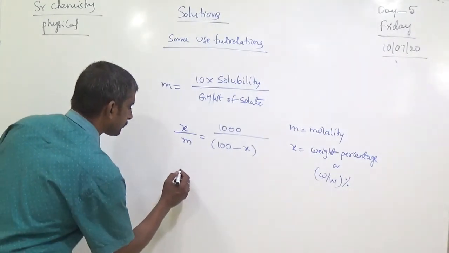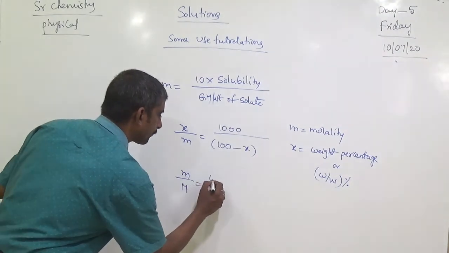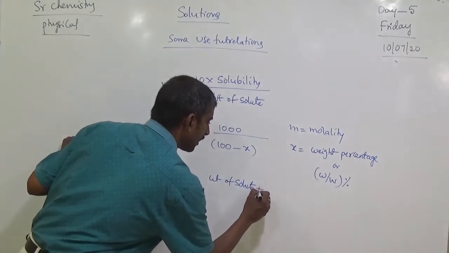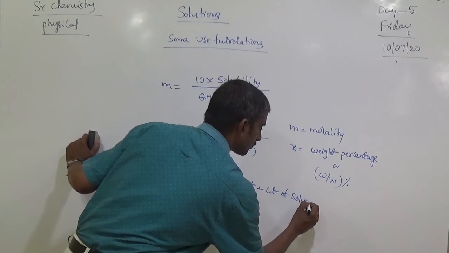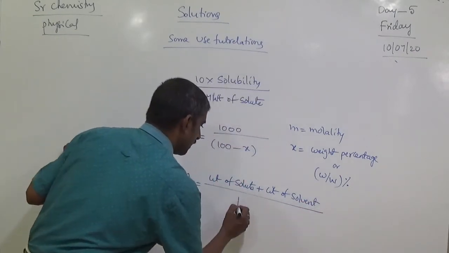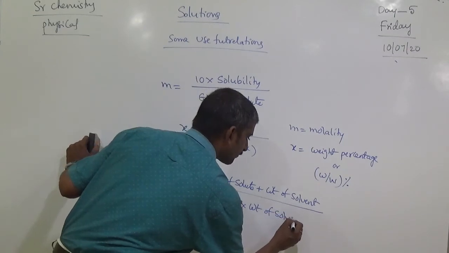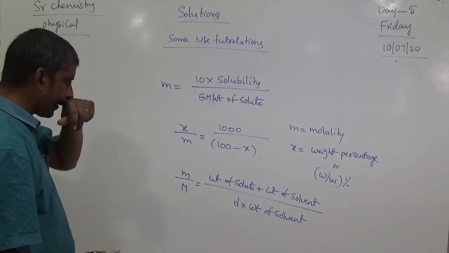And small m by capital M equals weight of solute plus weight of solvent, by density into weight of solvent. That is another relation.